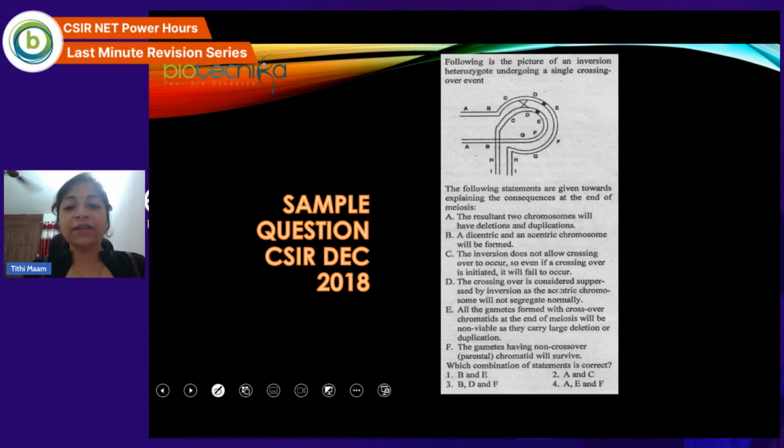The following statements are given towards explaining the consequence at the end of meiosis. First of all, what you have to identify is whether it is a paracentric inversion or a pericentric inversion. So quickly, can I have some responses? How do you identify whether it is paracentric or pericentric?